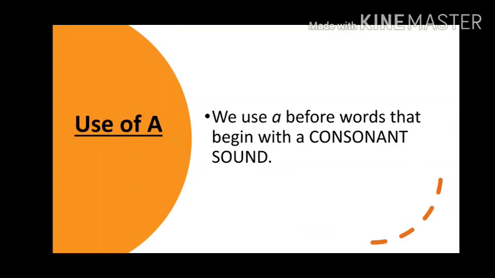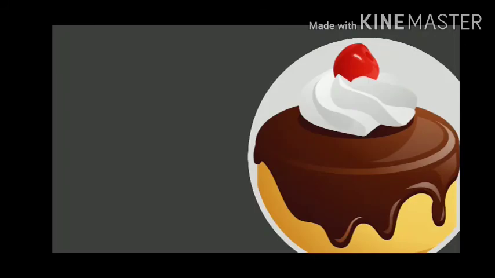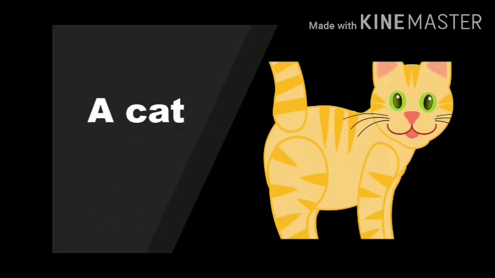Let's start with a. We use a before words that begin with a consonant sound, such as a doctor, a cake, a cat, a rose, a girl.